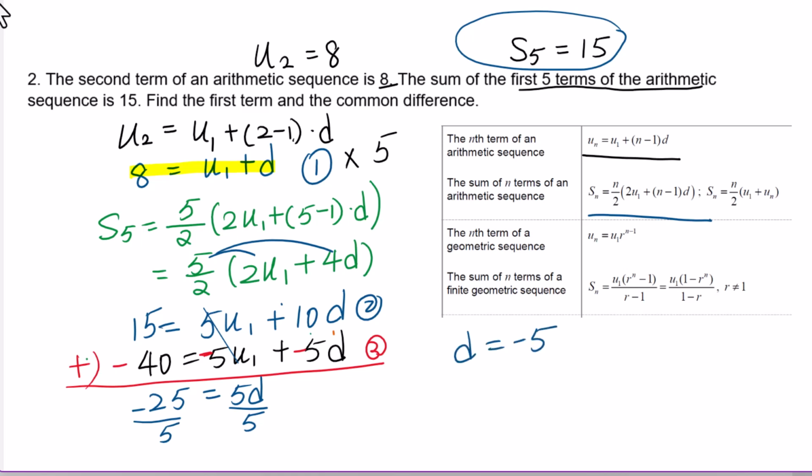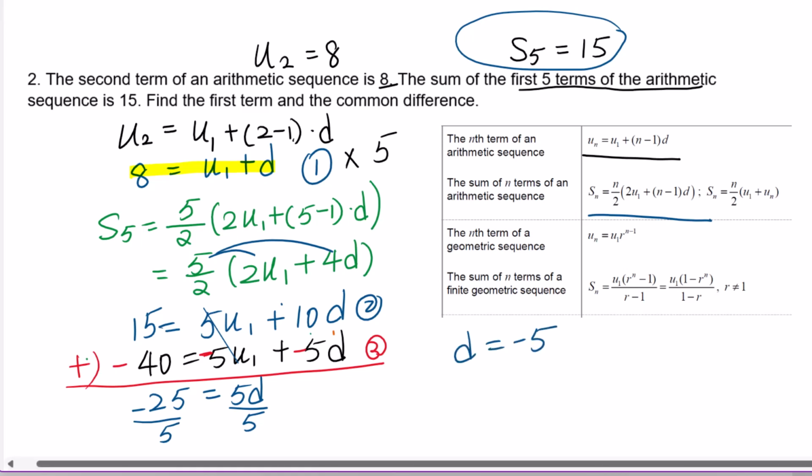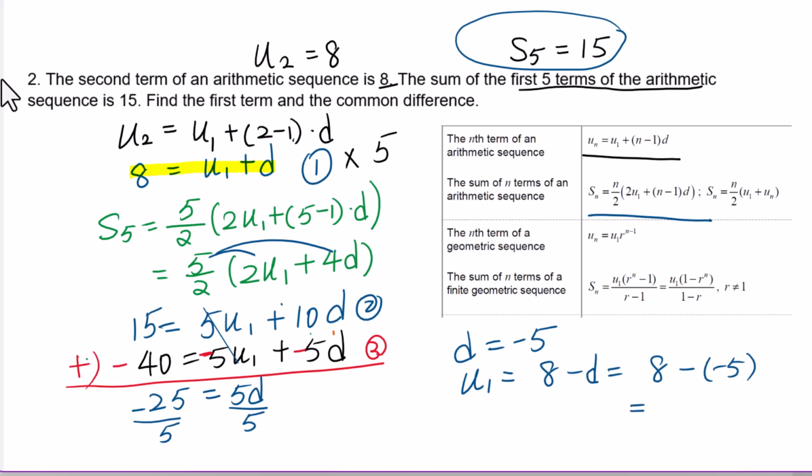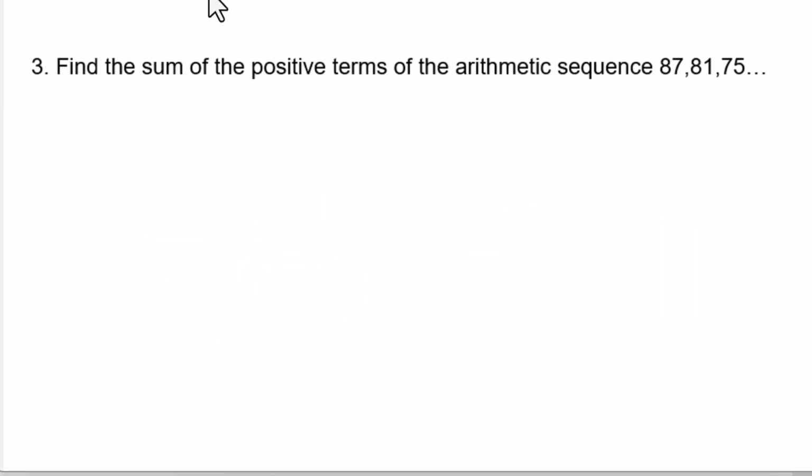We will use the first equation to figure out u sub 1. So u sub 1 equals 8 minus d equals 8 minus -5 equals 13.